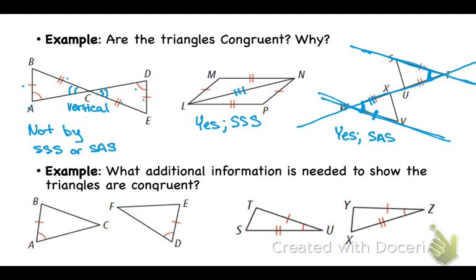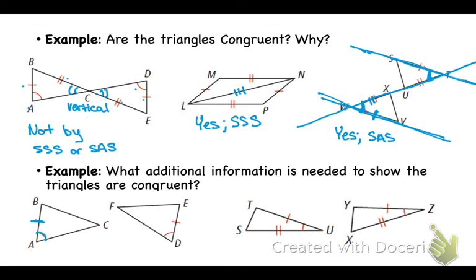Okay. What additional information do I need to show that these two triangles are congruent? My two rules are side, side, side and side, angle, side. So what it says is what's missing. Those are the two that you can use. So this one I have side, angle, and we need a side.